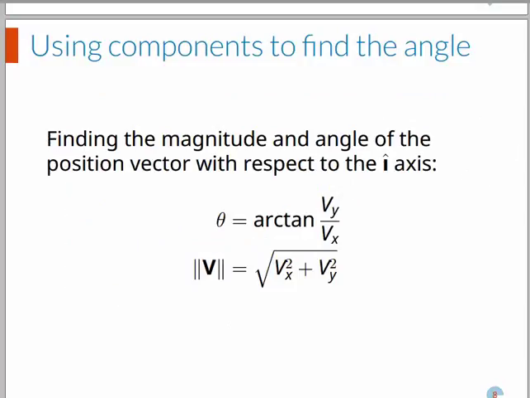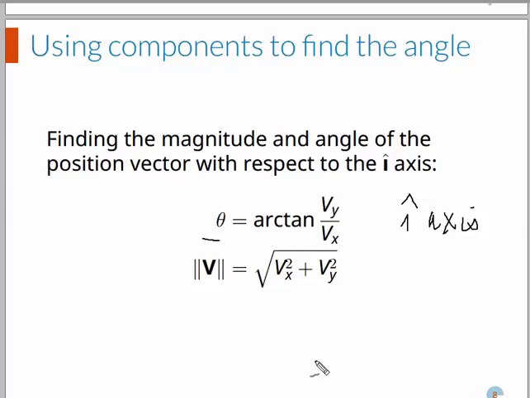Another thing that we can do with components is to quantify the angle. We say the vector points in a certain direction. Well, that says angle with respect to something. You know, angles are measured with respect to some other vector, some other direction. So for a two-dimensional vector, now we have the angle with respect to the x-axis.